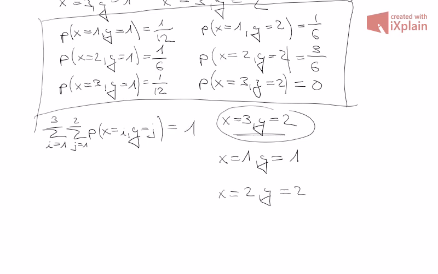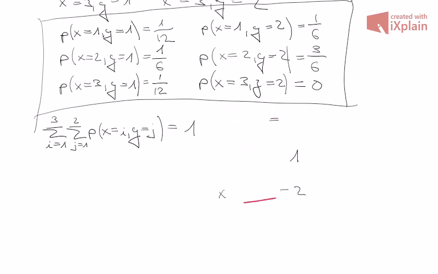This is not surprising, because that's how I first defined the whole thing. I just wrote in sum symbol form the fact that these 6 numbers, 1/12, 1/6, 1/12, 1/6, 3/6, and 0, add up to 1, as I already showed you previously.